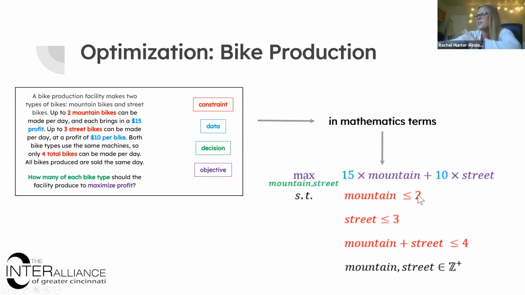And I will say that this is a very simple example. I'll just jump in right here to say that the research that I was doing with the Postal Service last summer, there were hundreds of thousands of constraints. We've got 3 constraints. I was working on a problem that had hundreds of thousands of constraints and millions of decision variables.